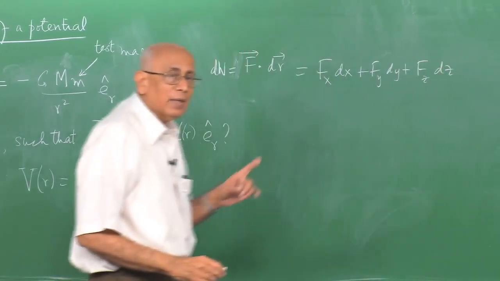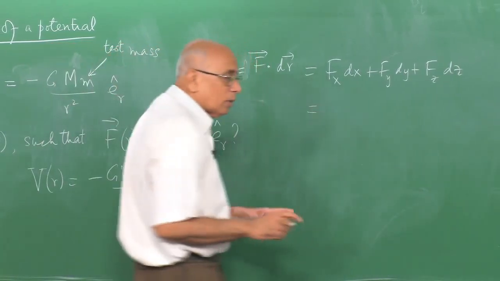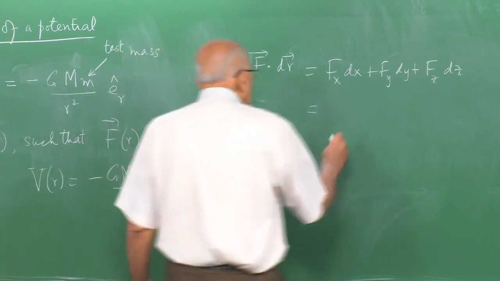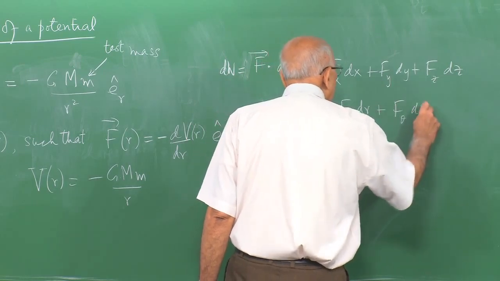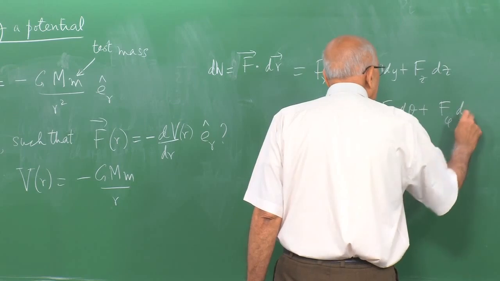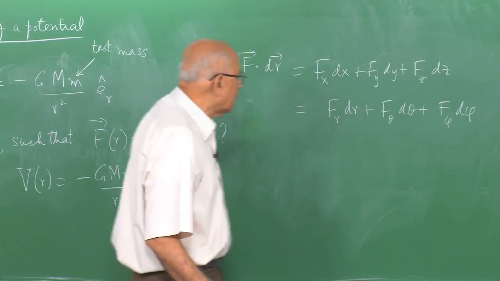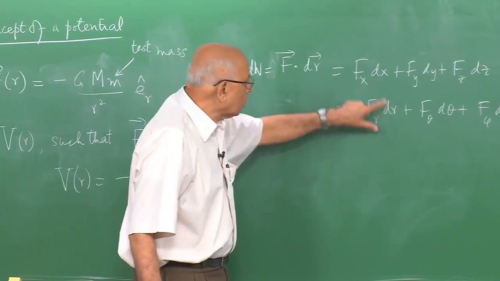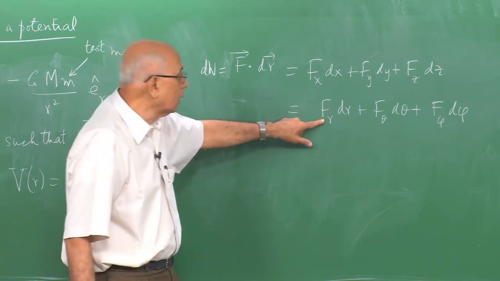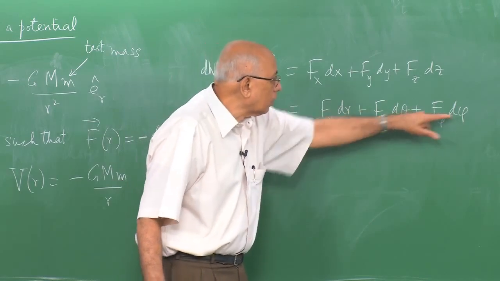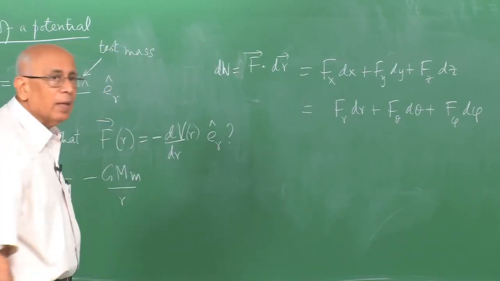In general, there are three independent coordinates x, y, z, or if I write this in spherical polar coordinates, this would be equal to Fr dr plus F theta d theta plus F phi d phi, with appropriate dimensions for Fr, F theta and F phi. Remember that dr has dimensions of length, while d theta and d phi are dimensionless, so those components will already have force times length as physical dimensions in them, and that's got to be remembered.